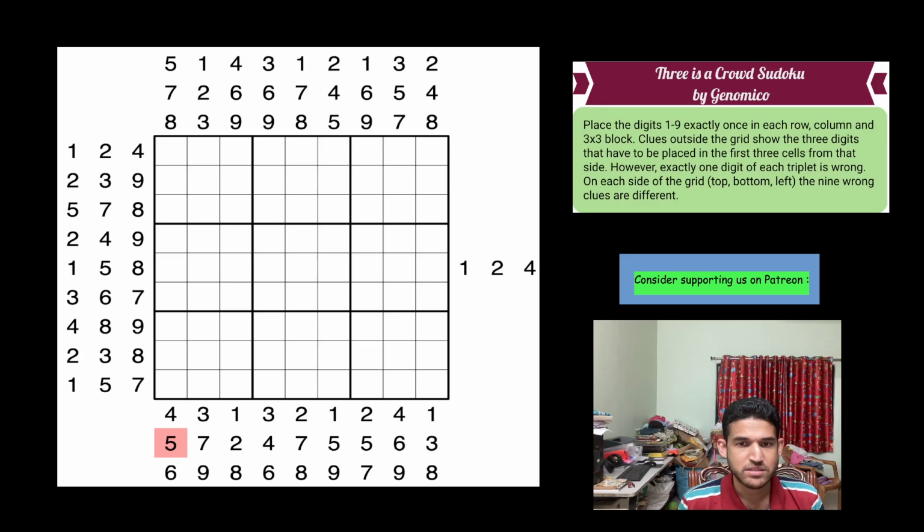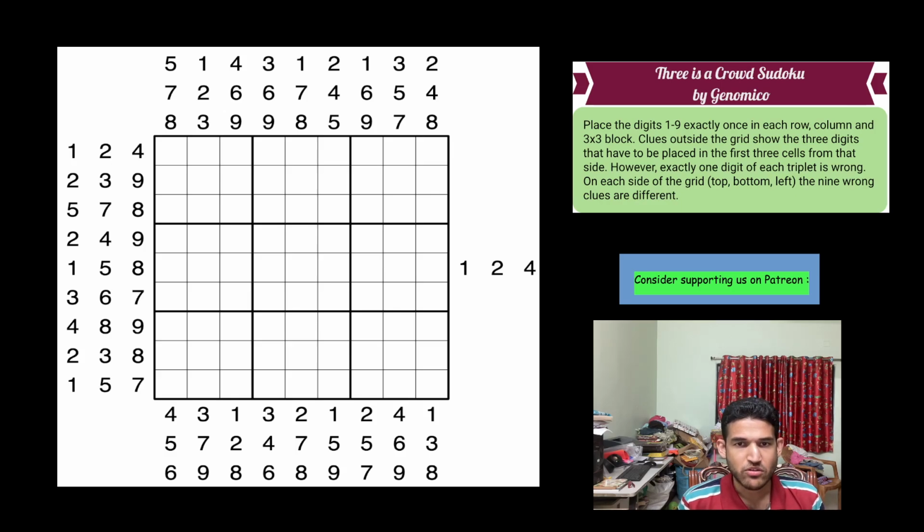So which means all the 5s that you notice in the bottom must be correct, because in each triplet there is exactly 1 clue that is incorrect, and these clues are all different if you consider a side. Since you have 9 sets of clues, so there must be exactly digits from 1 to 9, each being incorrect once. So these are the rules. With that, we'll start this wonderful Sudoku.